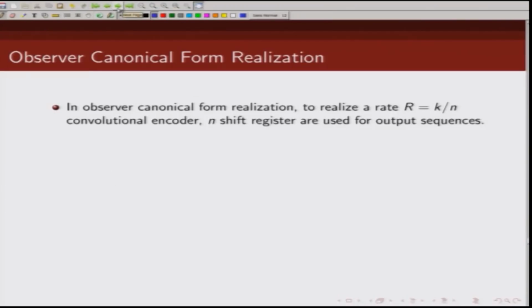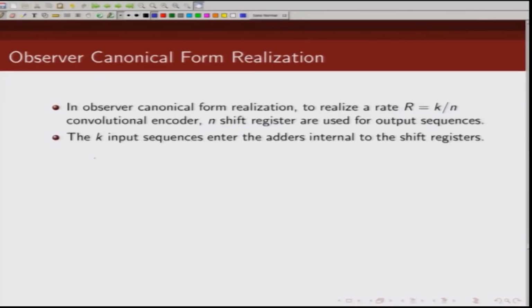In observer canonical form realization, to realize a rate k by n encoder, we require n shift registers. Please note, for the controller canonical form realization, we required k sets of shift registers, whereas in this case we require n sets of shift registers, one for each of the coded bits.